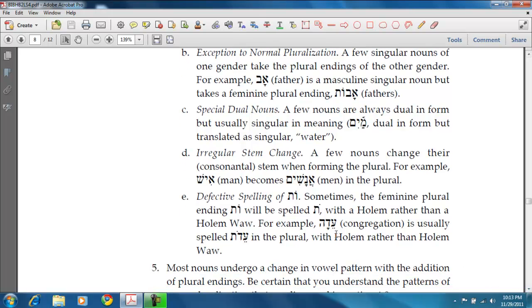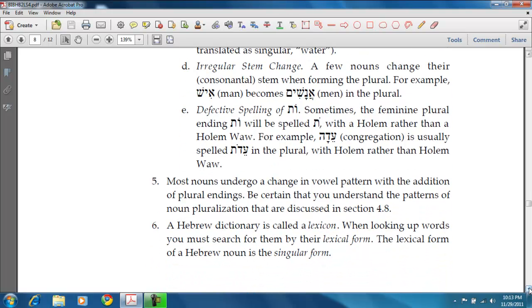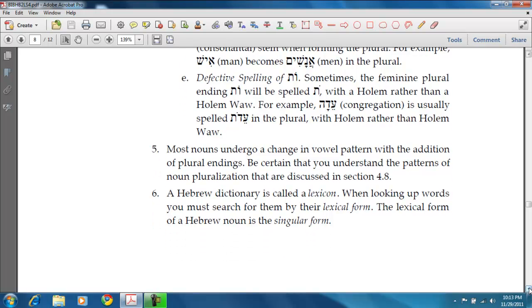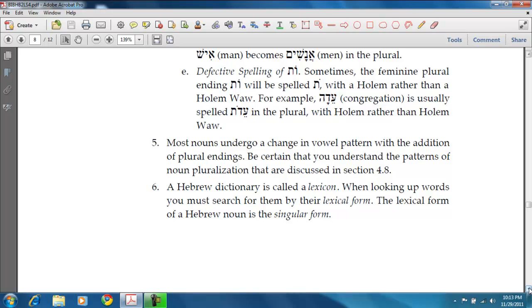So we have the defective spelling of the feminine plural, sometimes with the vav, sometimes without the vav in there. And most nouns undergo a change in vowel pattern with the addition of a plural ending. We saw that happen where it reduces to shewa on the propretonic syllable, and if it's a guttural on the first syllable, then it's a hatef patach.